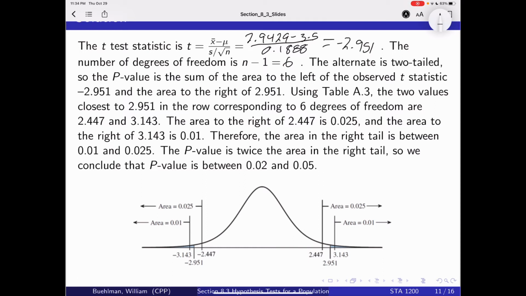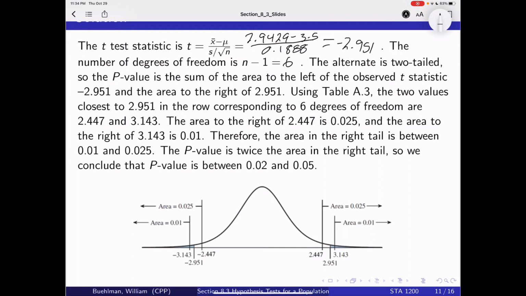So the p-value is the sum of the area to the left of the observed t-statistic of negative 2.951 and the area to the right of 2.951. Because remember, it's the area to the left of the negative absolute value and the area to the right of the positive absolute value.